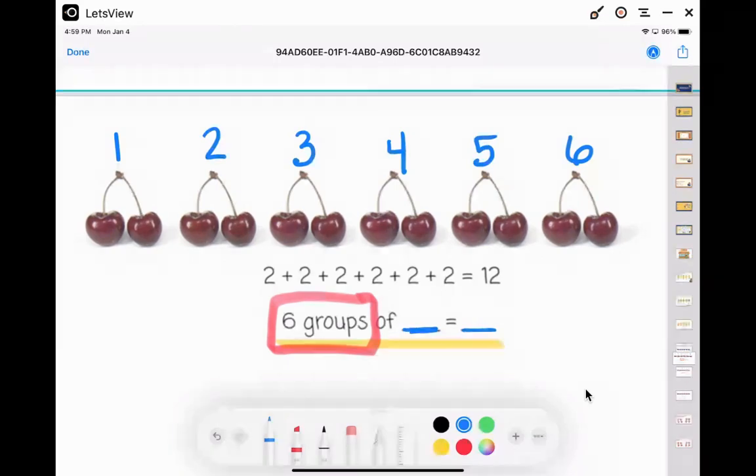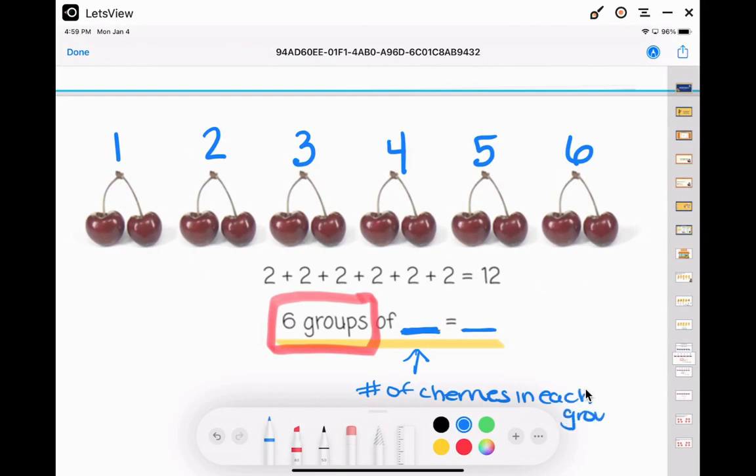Well, this first blank should tell us the number of cherries in each of our groups. Here we want to do the number of cherries in each group. And the number of cherries in each group is 2. There are 6 groups of 2.